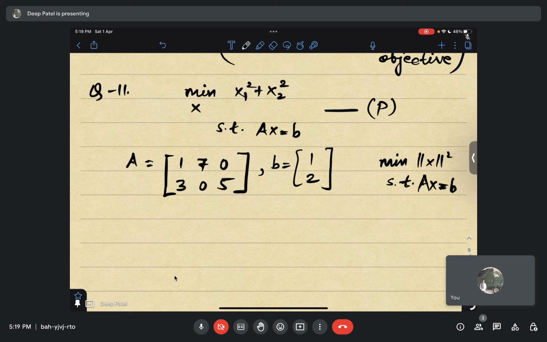Because we have only two variables, right? It's a fat matrix, right? Yeah, exactly. So a solution always exists. The point is it's an underdetermined system. The null space is not trivial. So one criterion is to just pick the minimum norm solution. Yes, that's the reason why we solve these problems.